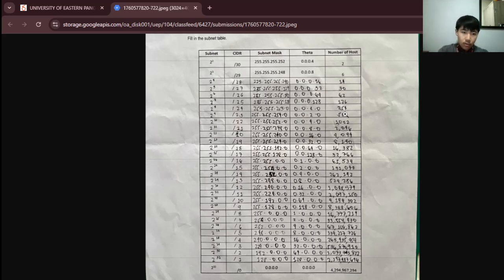The next one is 350 hosts, which falls in the 510 hosts range, which is CIDR 23.